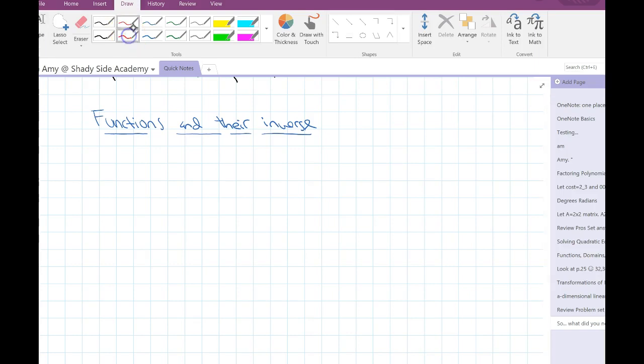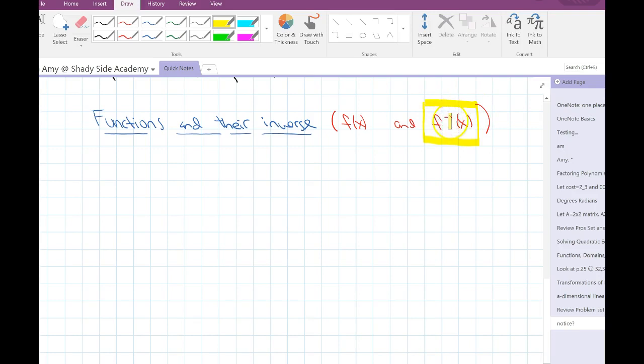So first, let's talk about functions and their inverse. Let's give you some notation. We're talking about functions. Functions means f of x. And then a function's inverse, that's this notation. Okay? Notice, very important, this notation, see the superscript of -1?